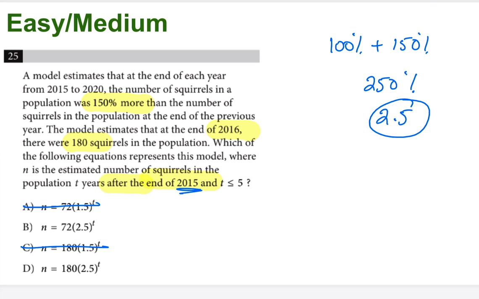If they're asking about the very first number of squirrels, which is in 2015, that will definitely be the lower number, because it's given that the number of squirrels became 180 in 2016. So it only makes sense that we had 72 squirrels in 2015. You do not have to actually solve anything.